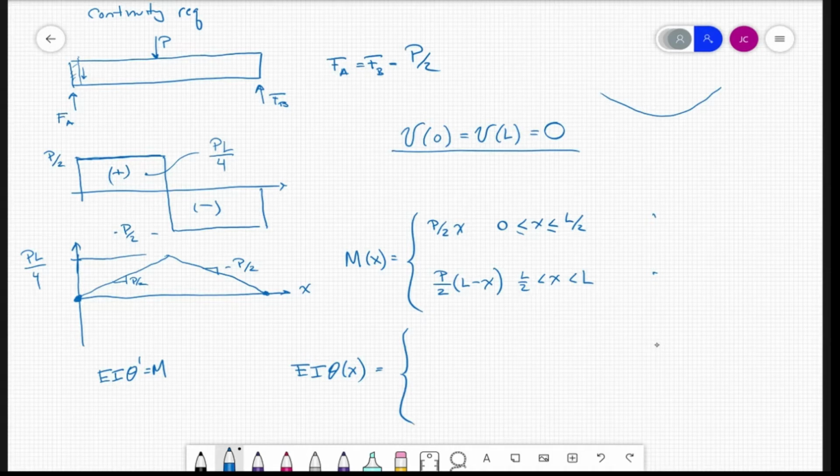So I get P x squared on 4 plus an integration constant, B0. And then if we integrate the bottom equation, I get P on 2 L times x minus 1/2 x squared, right?